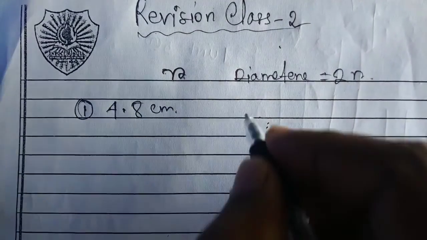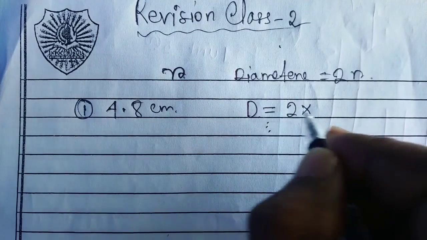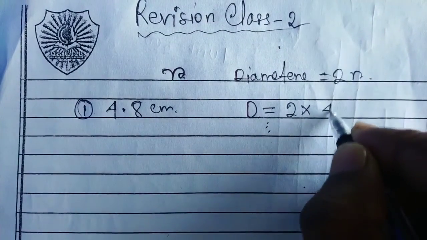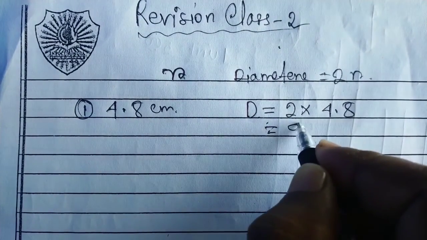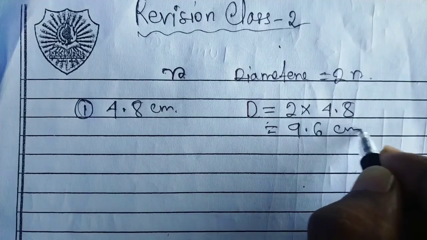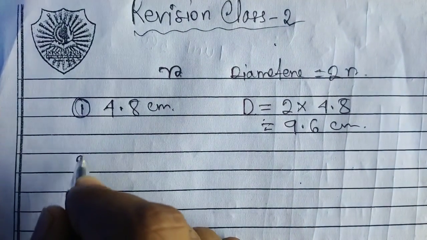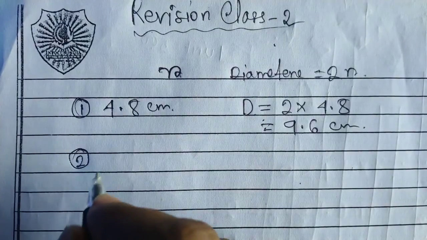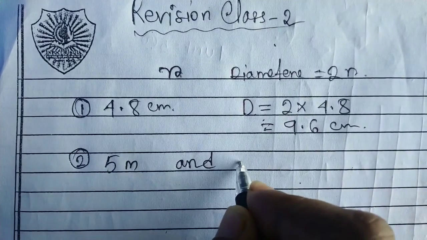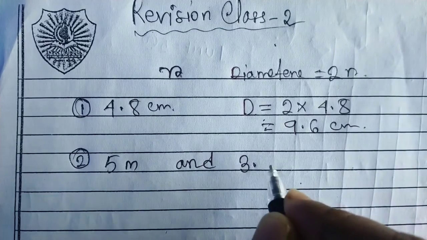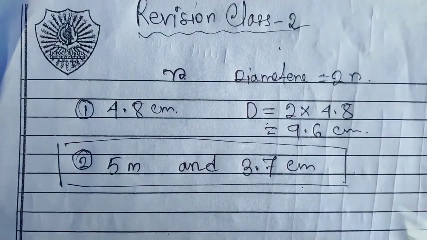The diameter will be 2 into 4.8, easily just multiply 2 with this number. So it will be 9.6 centimeter. Understood everyone? In a similar way, just try to find the diameter of 5 meter and the diameter of 3.7 centimeter. This is your homework.